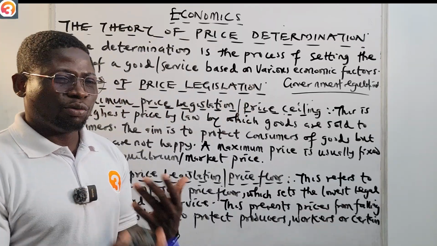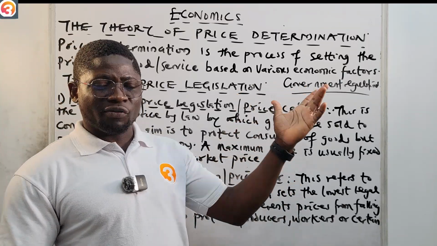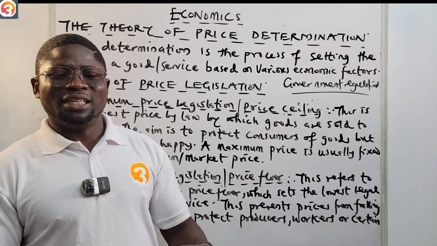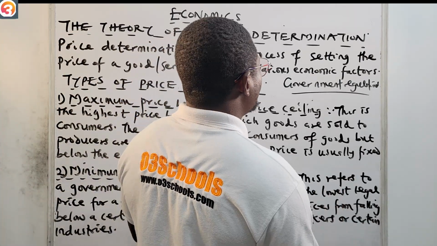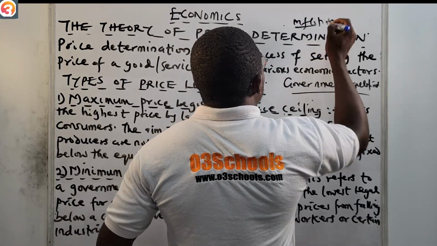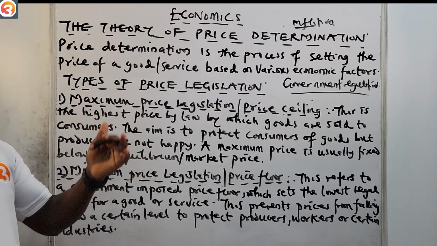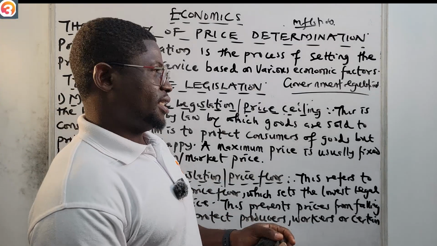So there are regulations. Even tax and other things coming from the government can influence the price of a good or commodity. Then there is inflation. Inflation is also another factor that influences the price of a particular good or service.